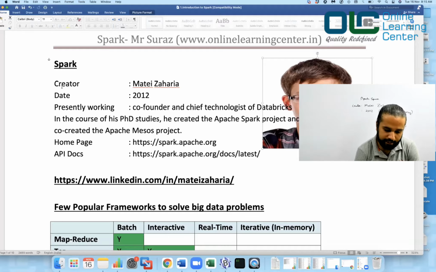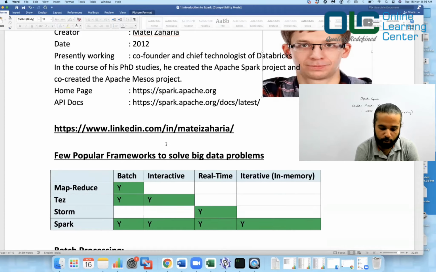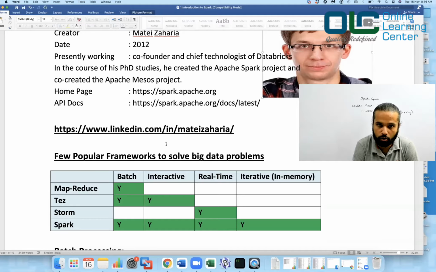All right. So as I said, the creator was Matei Zaharia, in 2012, and he's currently working as a co-founder and CTO of Databricks. In his PhD studies, he created the Apache Spark project and co-created a project called Apache Mesos with other folks. If you want a lot of information about Apache Spark, you can refer to this homepage.